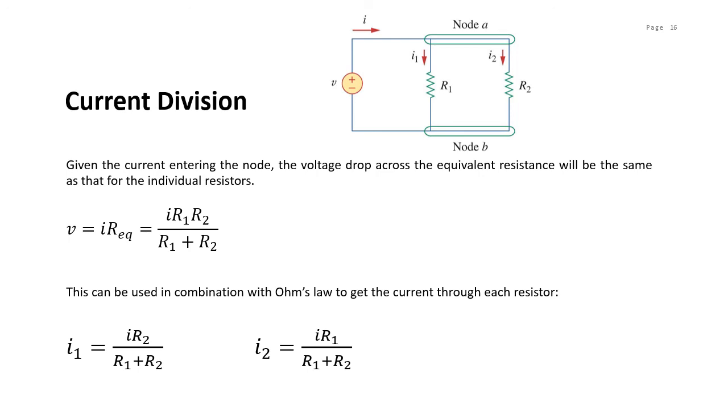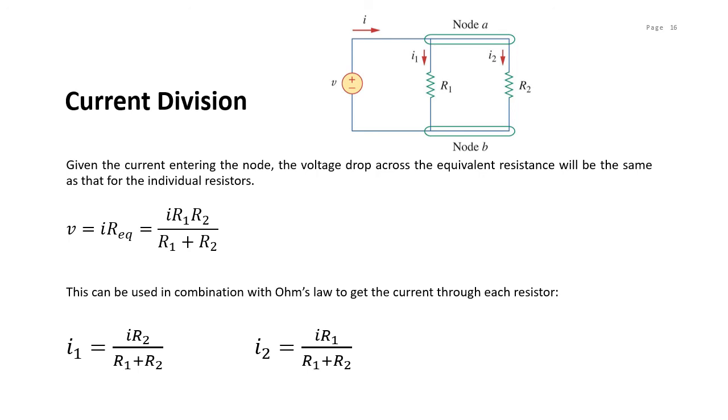With this equation, we can combine with the previous equations, which are I1 equals V over R1 and I2 equals V over R2. You can get the bottom two equations here, which can be used in combination with Ohm's law, like I mentioned just now, to get the current through each resistor.